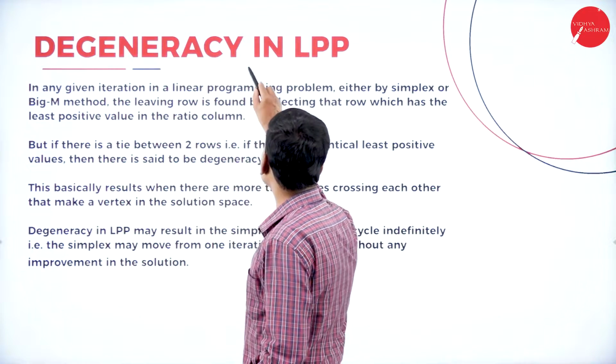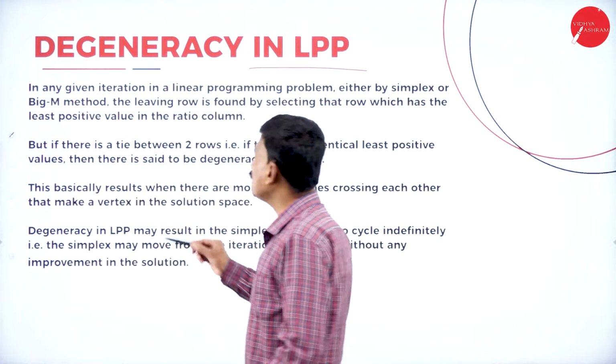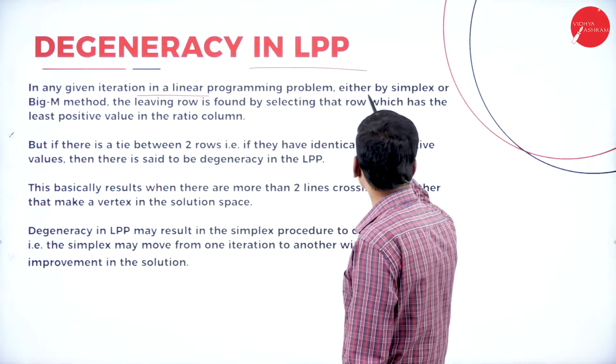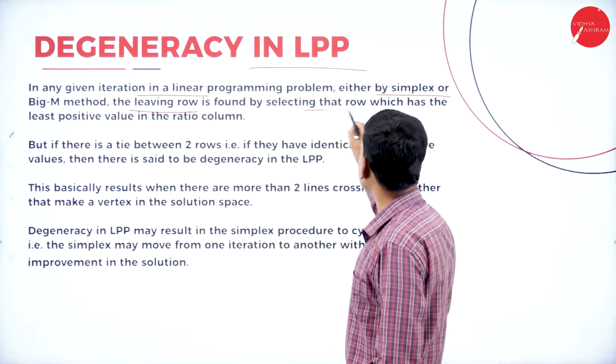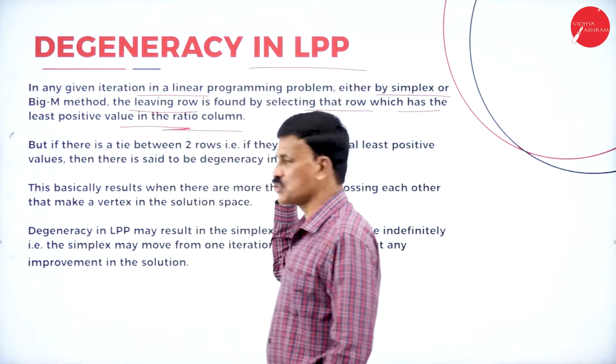Now, what is degeneracy in LPP? In any given iteration of a linear programming problem, either by the simplex method or by the big M method, the leaving row is found by selecting the row which has the least positive value in the ratio column.